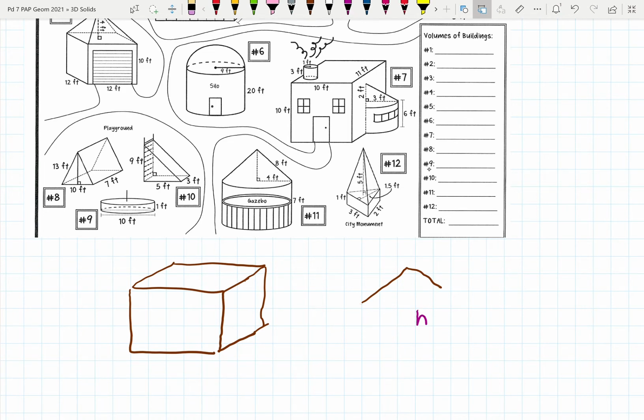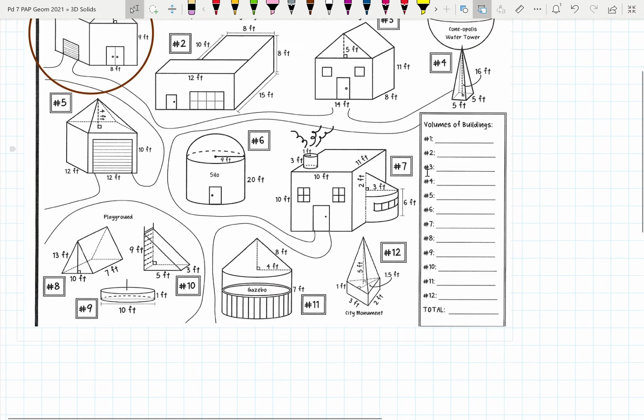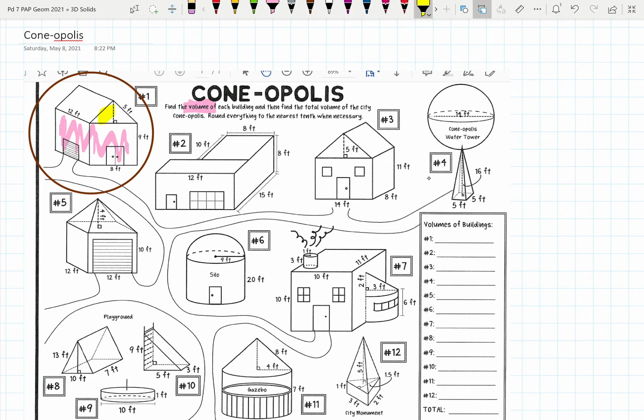So let's go back and look at what that looks like on the building. So on number 1, there's the bottom. Here is the rectangular prism. And sitting on top of it is a triangular prism where this is the base and this is the height.